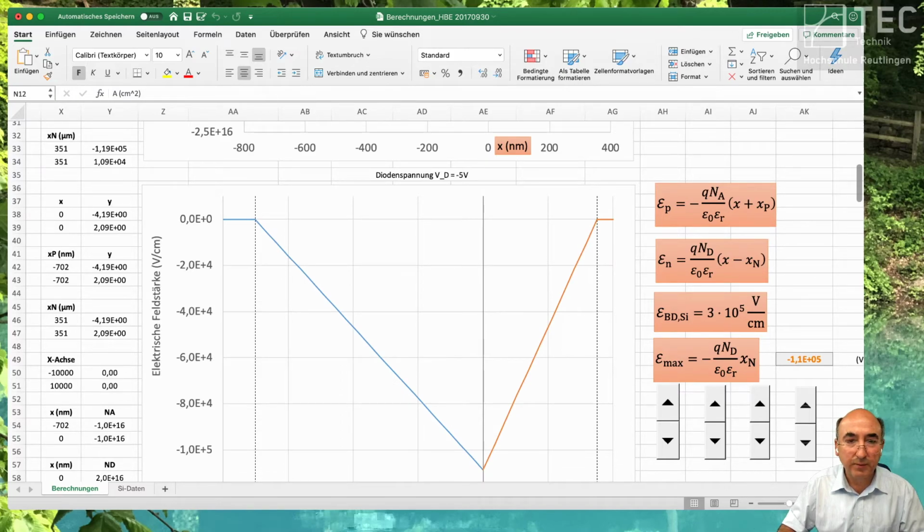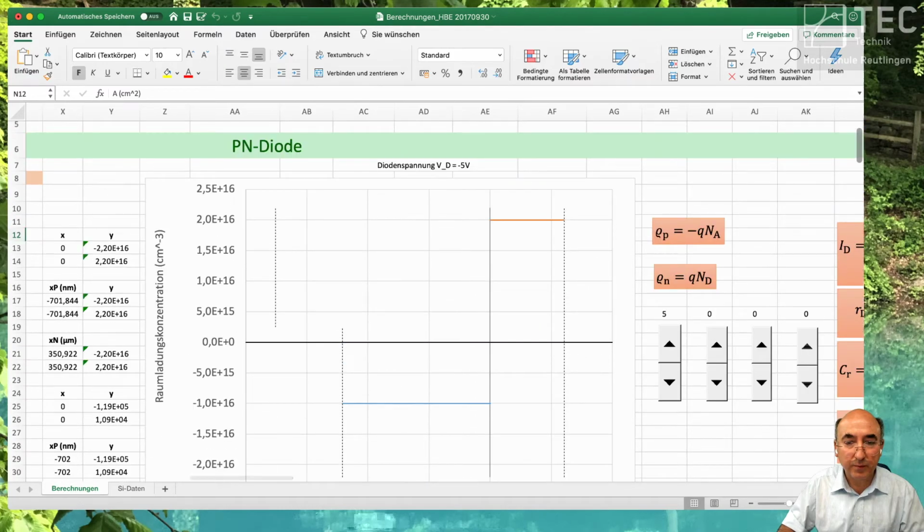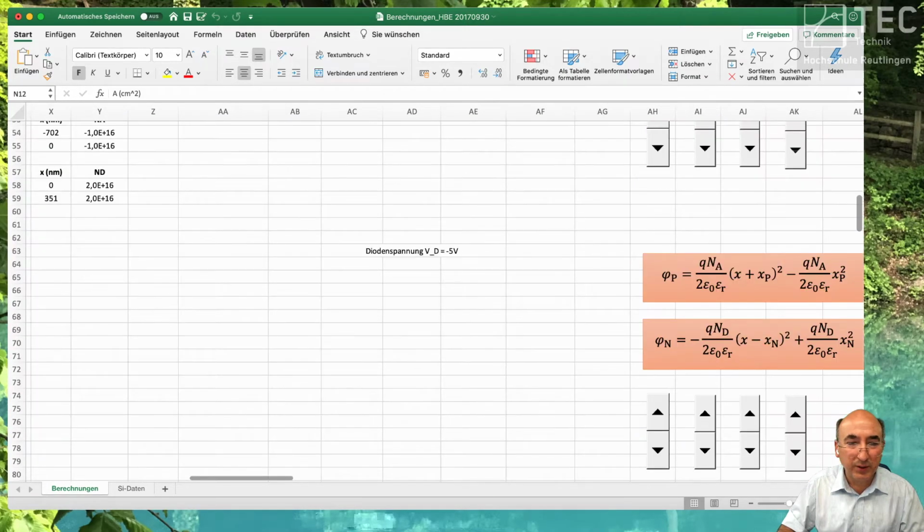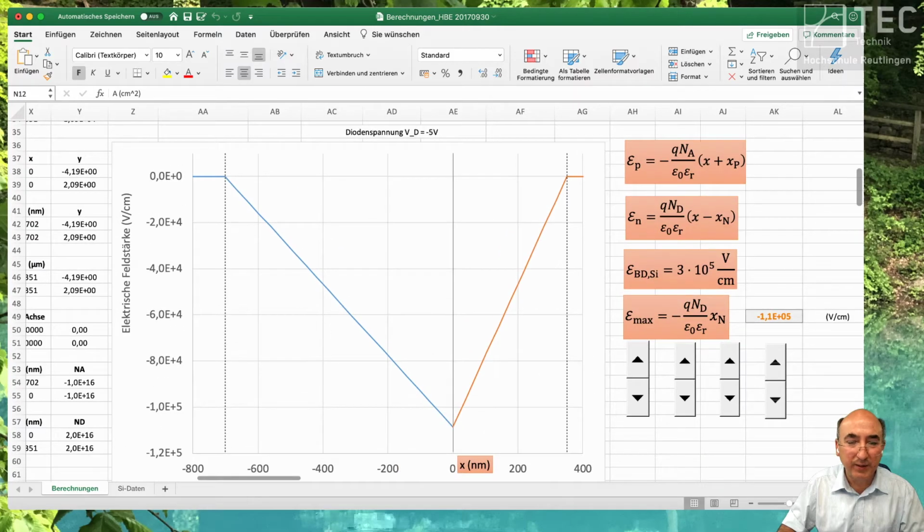Perhaps here. Okay, I have limited the value to 5, because for values higher than 5, we are out of the scale. That's the only reason.